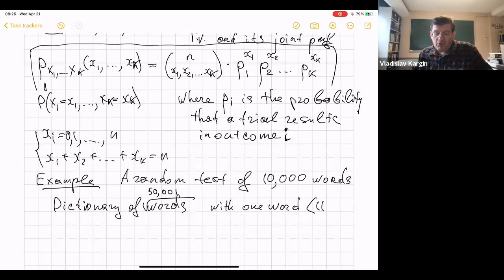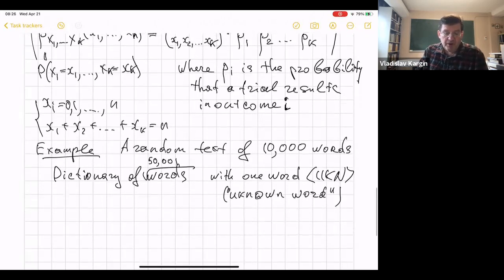You call it, say, unknown. So this will signify an unknown word, or a word not in the dictionary.